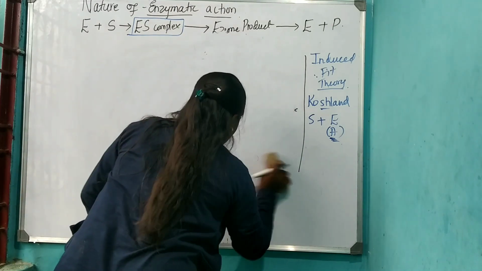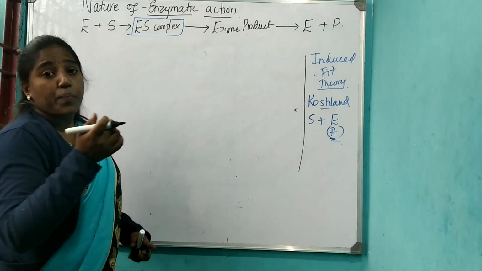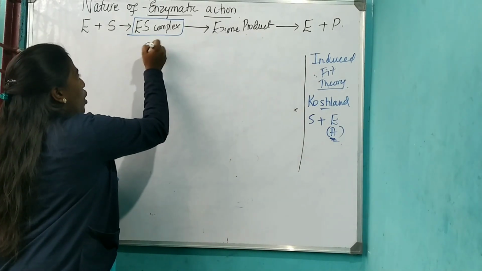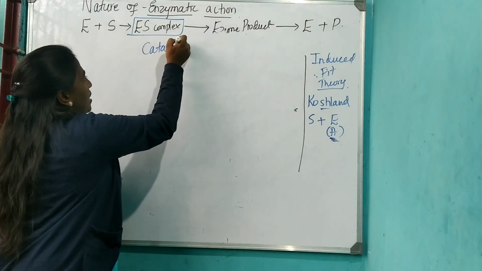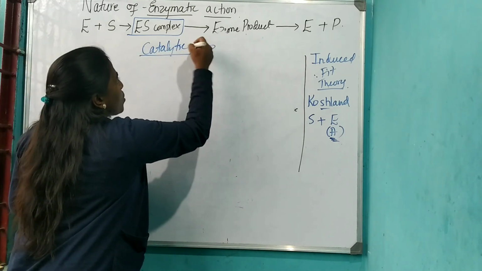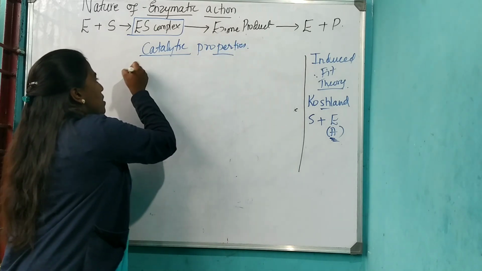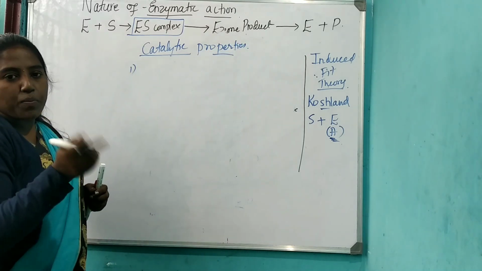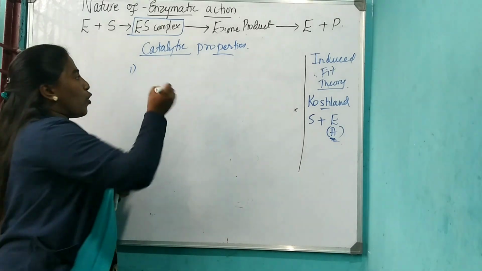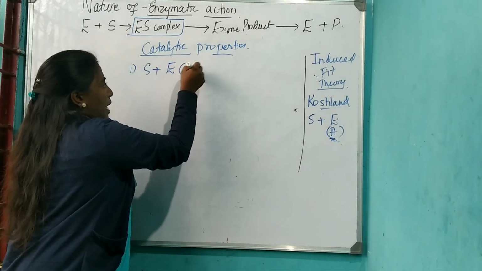First, the substrate combines to the active site. To know the catalytic property, it has been described as follows. First, the substrate binds to the active site of the enzyme.